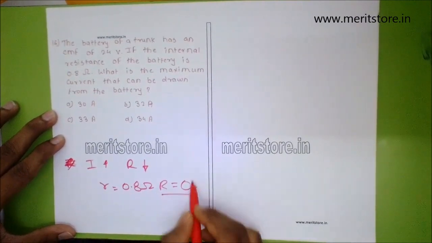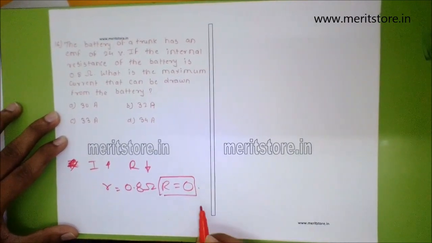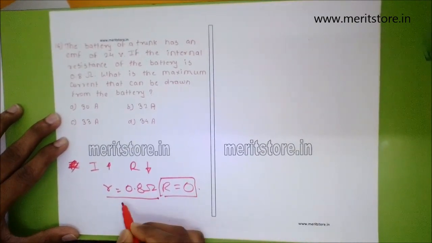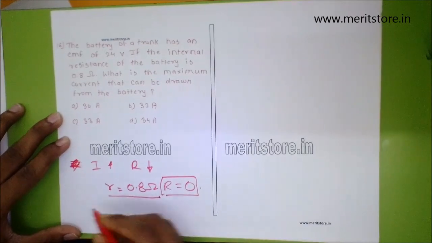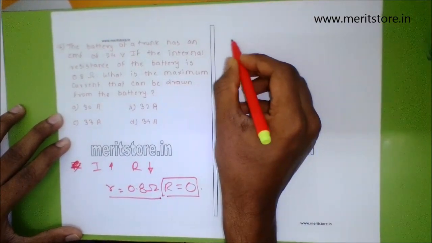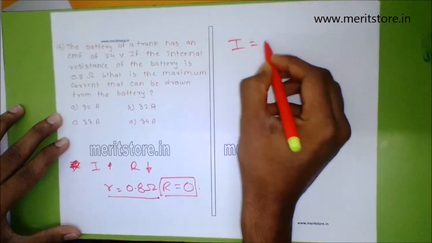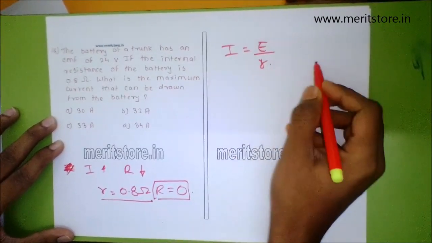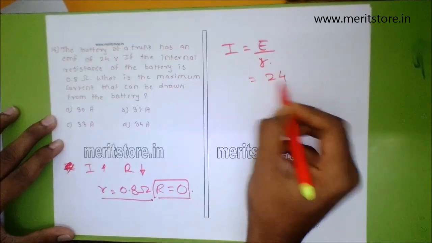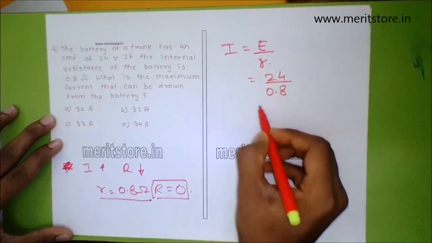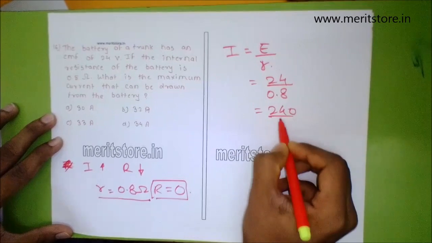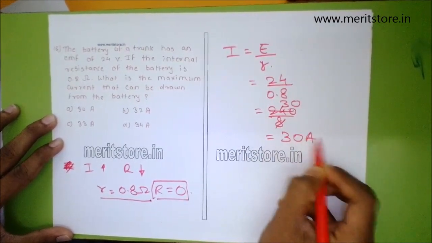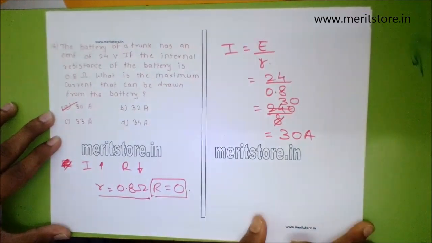Hence we assume that the external resistance is 0, and therefore only the internal resistance of 0.8 ohms is resisting the circuit. Therefore current I is equal to EMF upon internal resistance, since external resistance is 0, that is 24 upon 0.8, 240 upon 8, which is equal to 30 amperes. Therefore option A is the correct answer.